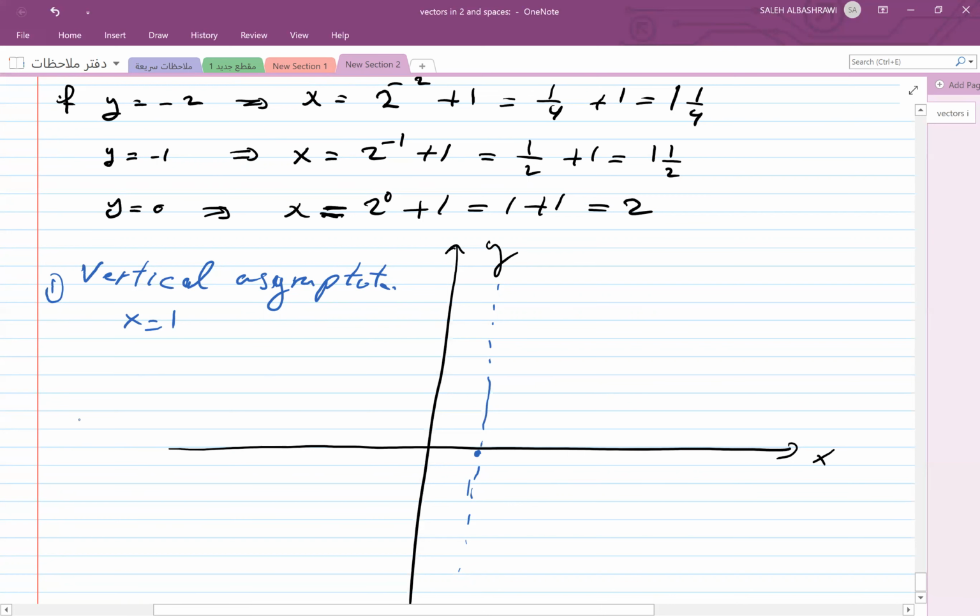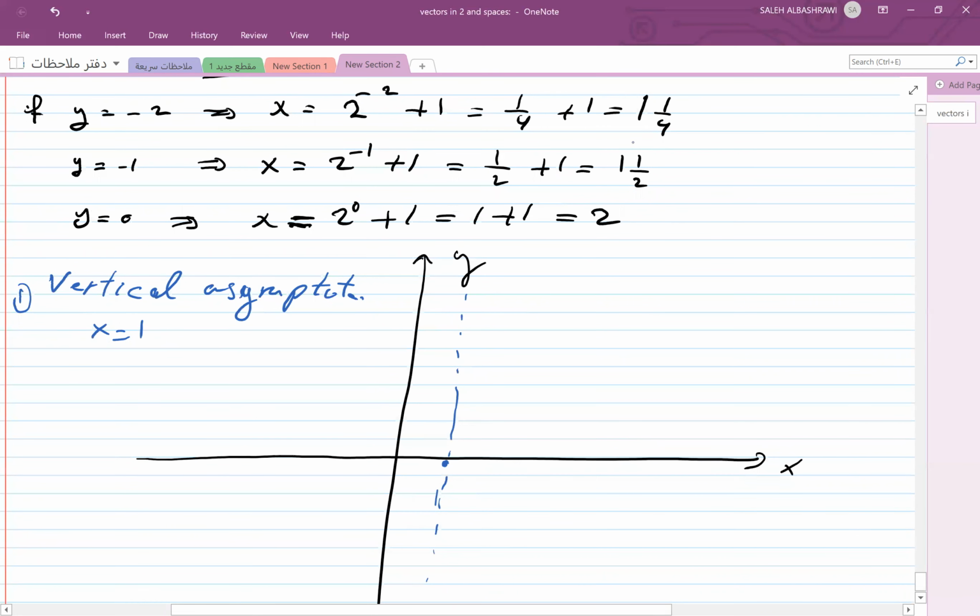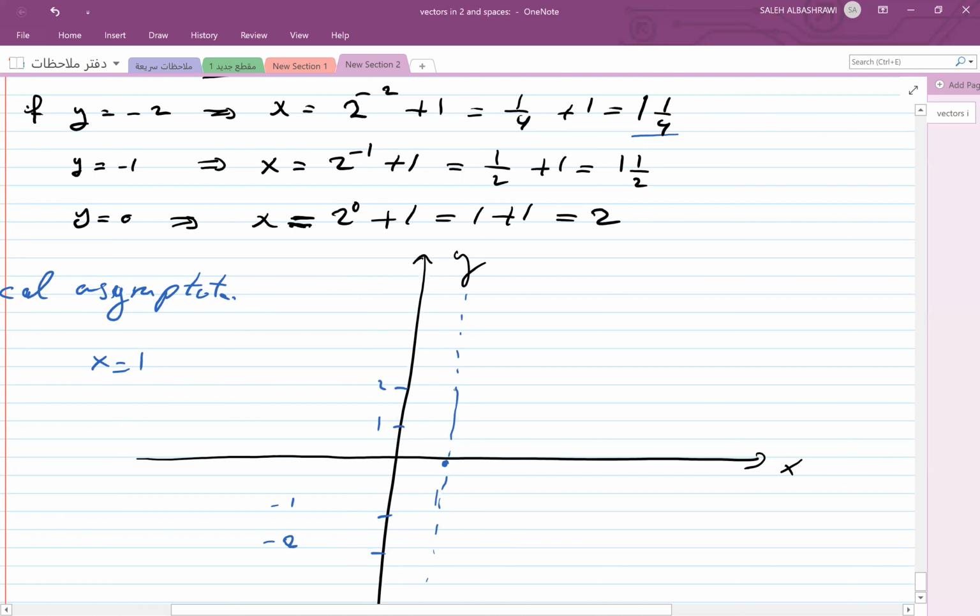Now, if we start analyzing these points, the first one is 5/4 and -2. It will be down. This is 1, -1, -2, 1 and 2. So the first point starts with this. Second point will be 3/2 and -1.